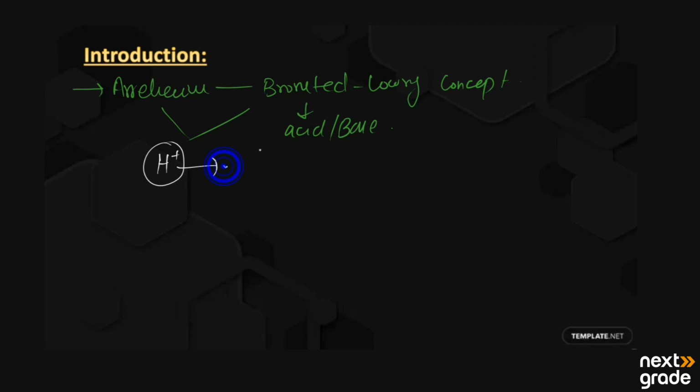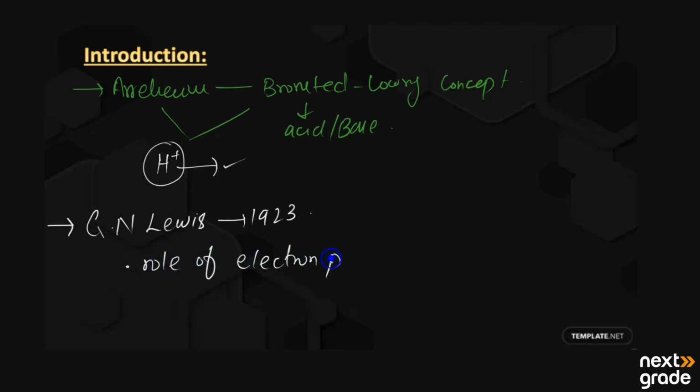Now after their explanation, the third classification of acids and bases was done by G.N. Lewis, in the year 1923. Basically, his definitions put total emphasis on the role of electron pairs in an acid-base reaction.